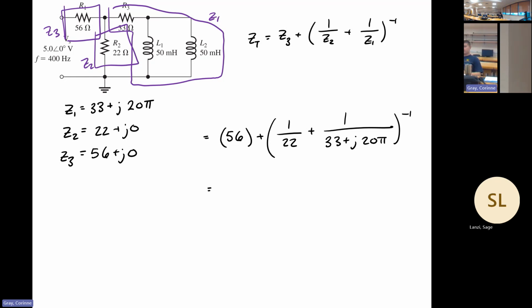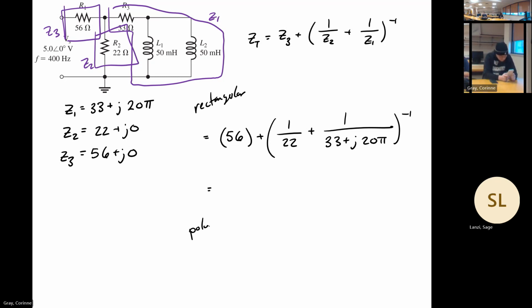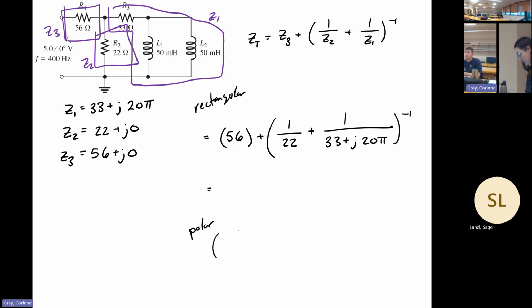So I did it in polar. You are welcome to do it in polar. That is fine. This is rectangular. If we look at it in polar, the only part that would need to be in polar is the part in the parentheses. The fun thing is nothing changes with the resistor value, because we don't have the imaginary part, so it's 0 degrees.